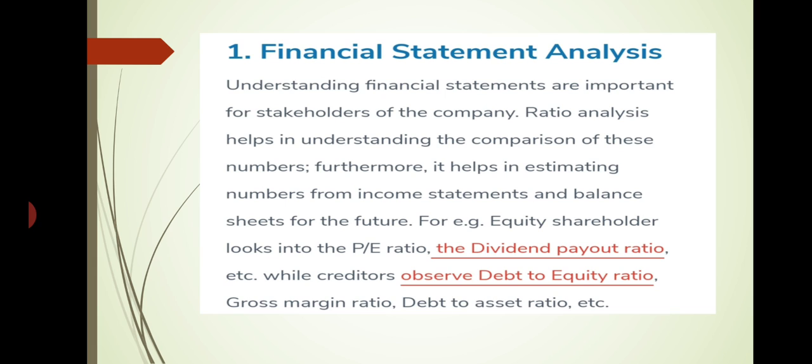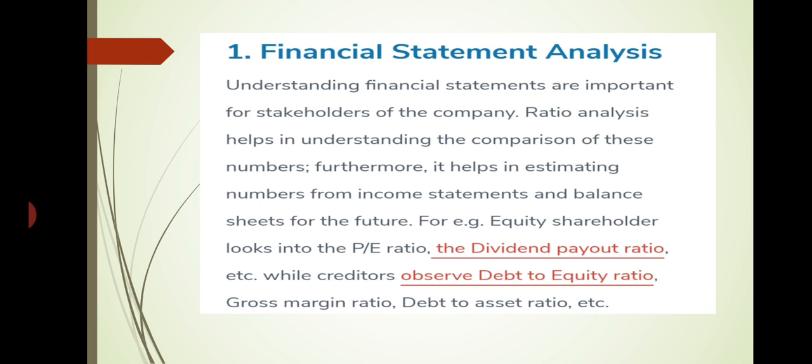Ratio analysis helps in understanding the comparison of these numbers. Furthermore, it helps to estimate the income statement and balance sheet for the future. It means whenever you analyze the present statements of any financial institute, it will help you decide about the future plan.